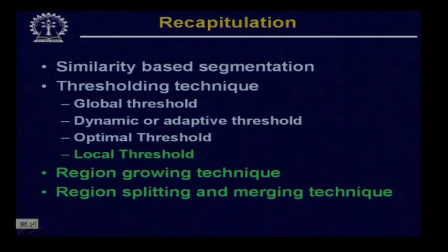In optimal thresholding, we tried to find a threshold by assuming that the histogram of the image is representative of the probability density function of the pixel intensity values. If you have a bimodal histogram, it is considered a combination of two probability density functions.